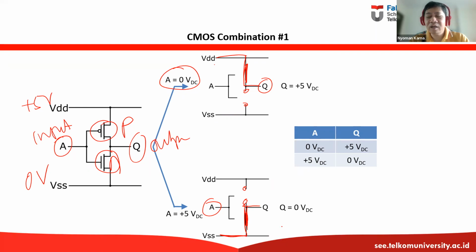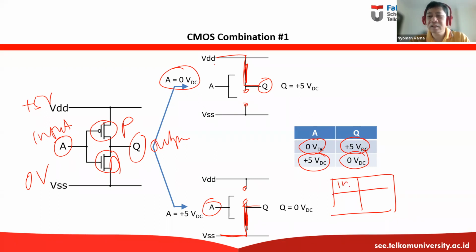So if I create a table to give a relationship between input and the output, if I give 0 volt for the input, the output will give plus 5 volt. If I give plus 5 volt to the input, then the output will be 0 volt. And put it into a logic value.